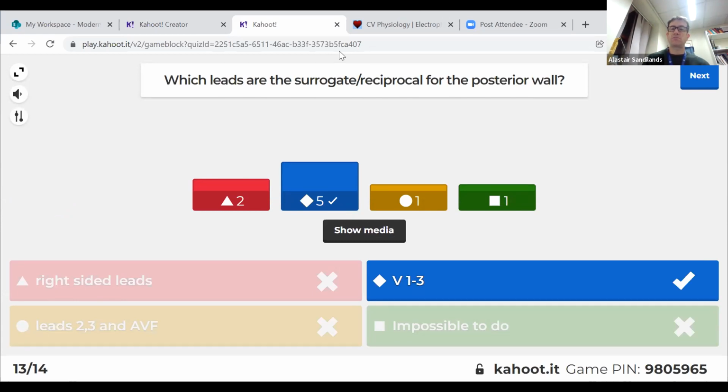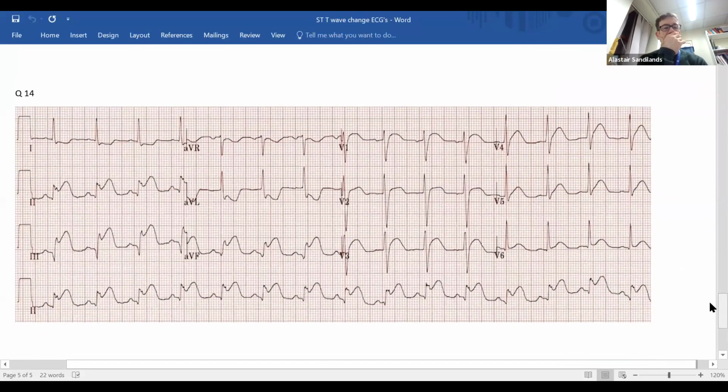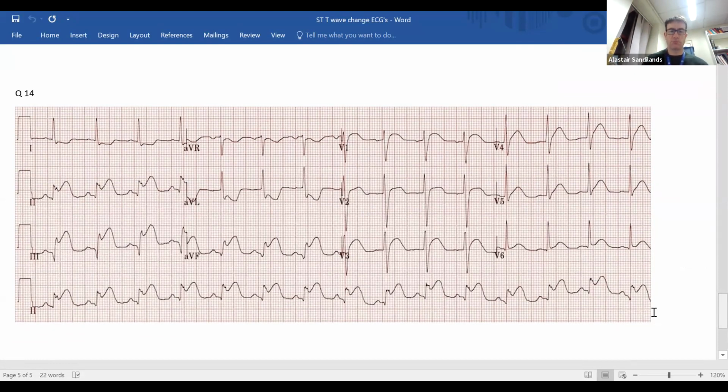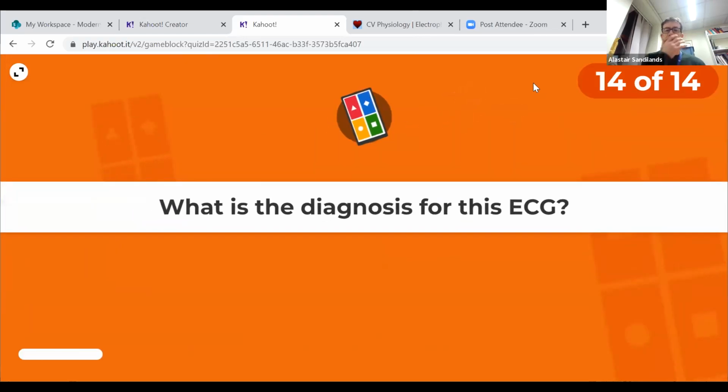And the last one is question 14. Question 14. Last one.